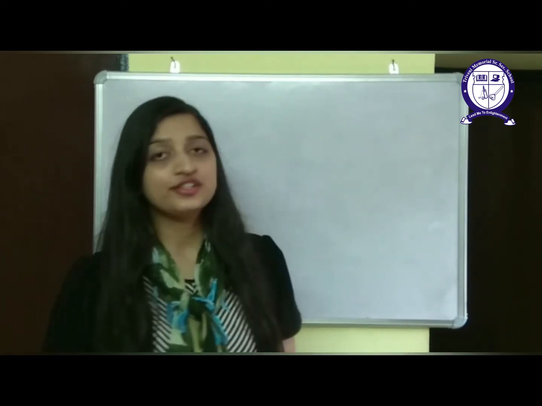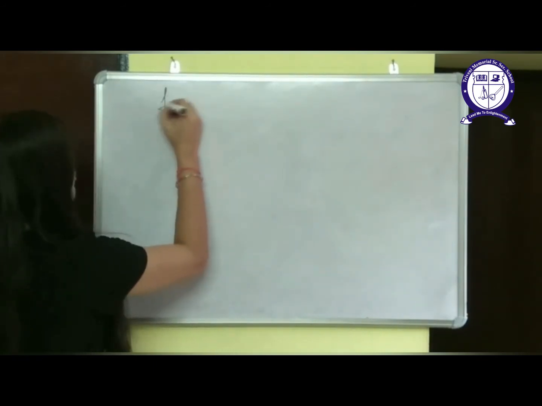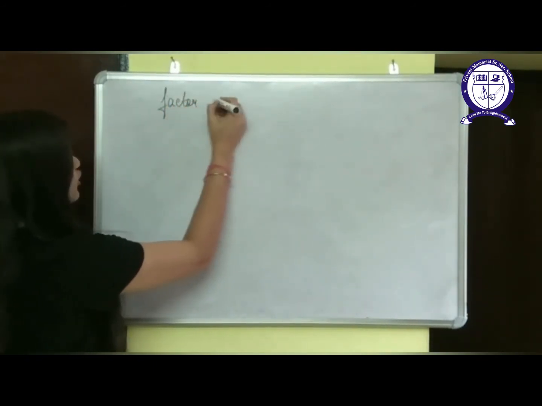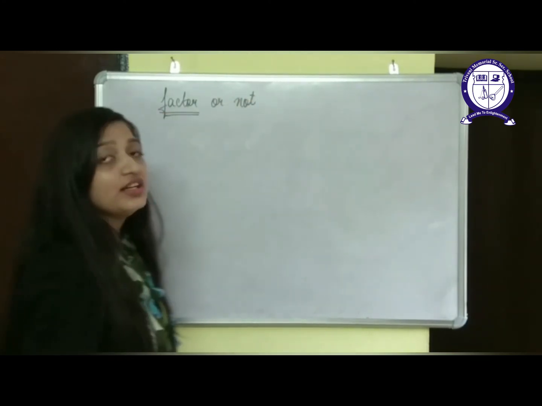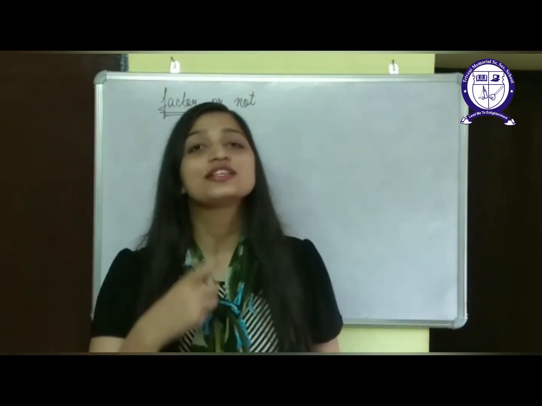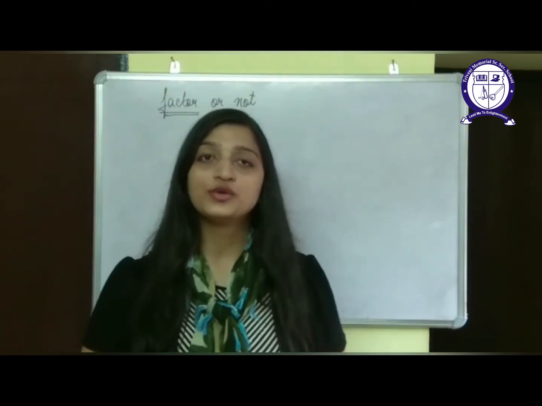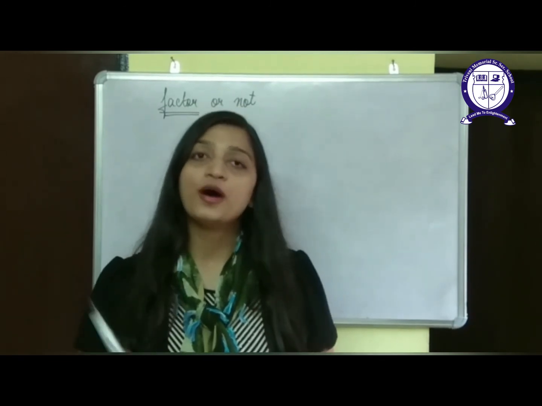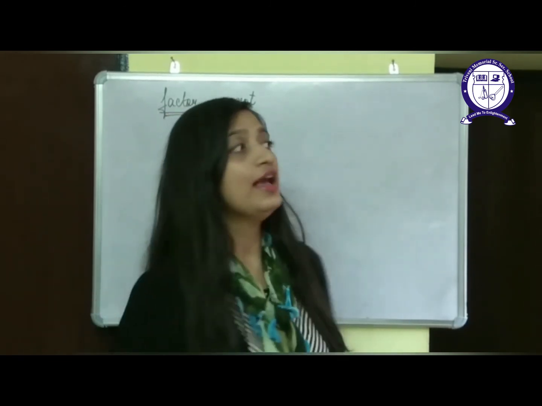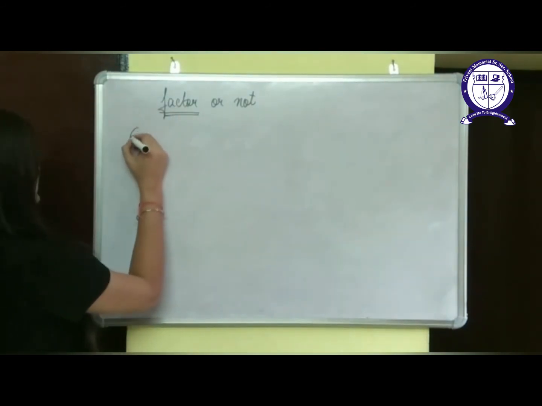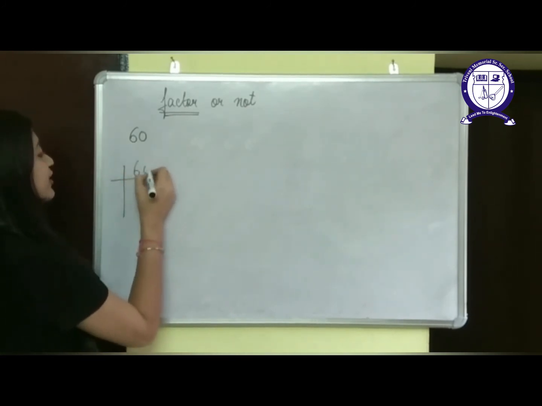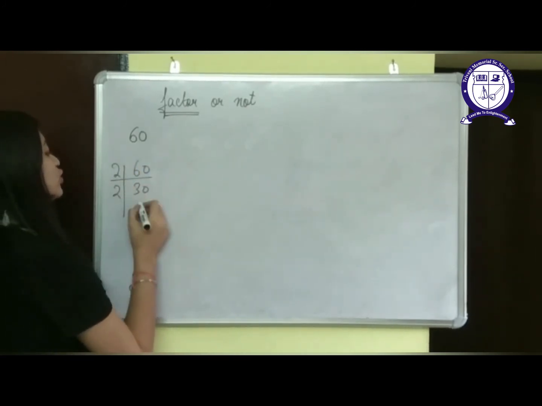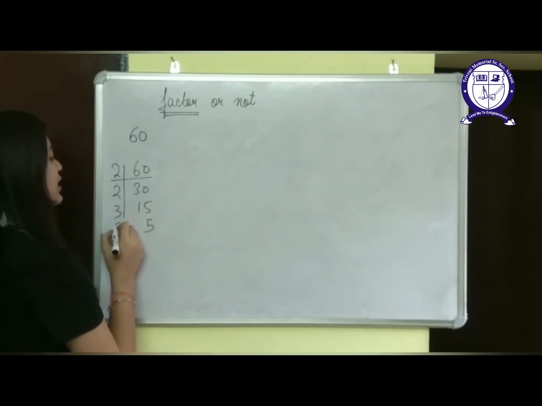But there is one more question which can be asked on remainder theorem, that is find whether it's a factor or not. Now first of all, what is a factor? A factor is any quantity, or you can say a number, or in the case of polynomial you can say a polynomial which will perfectly divide the other polynomial. If I say I have 60, okay, I can make the factors of it. Like 60, if I divide it by 2, 30, 2, 15, 3, 5, 5, 1.